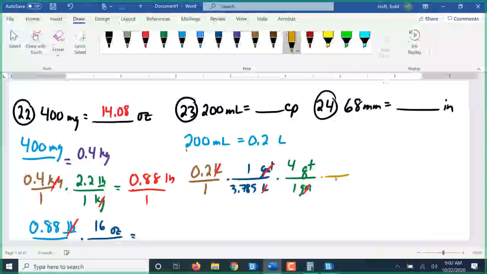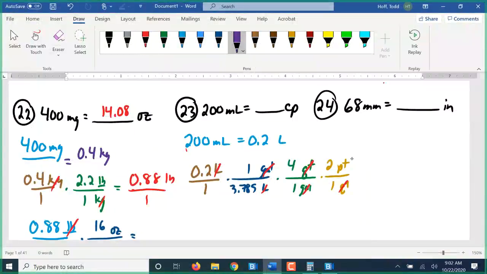From quarts to pints. 1 quart is 2 pints. The quarts cancel out. And finally, we'll go from pints to cups. 1 pint is 2 cups, so my pints cancel out. So on top here, I have 0.2 times 1 times 4 is 0.8, times 2 is 1.6, times another 2 is 3.2 cups.